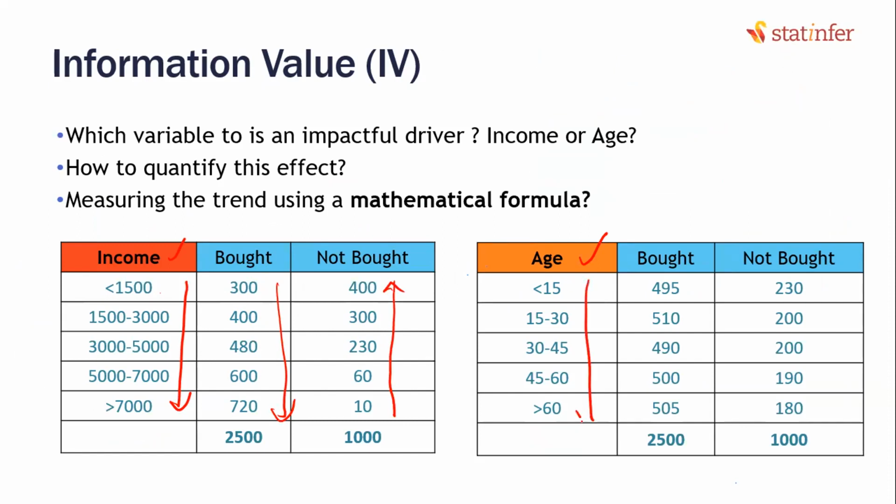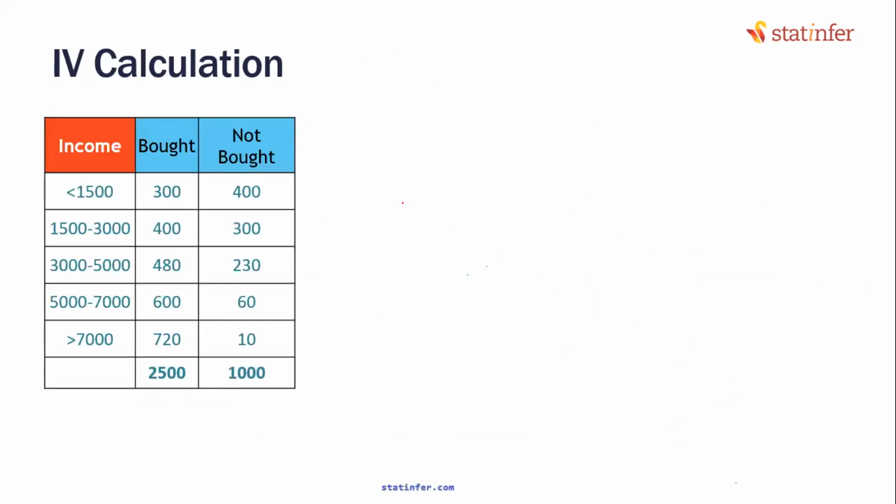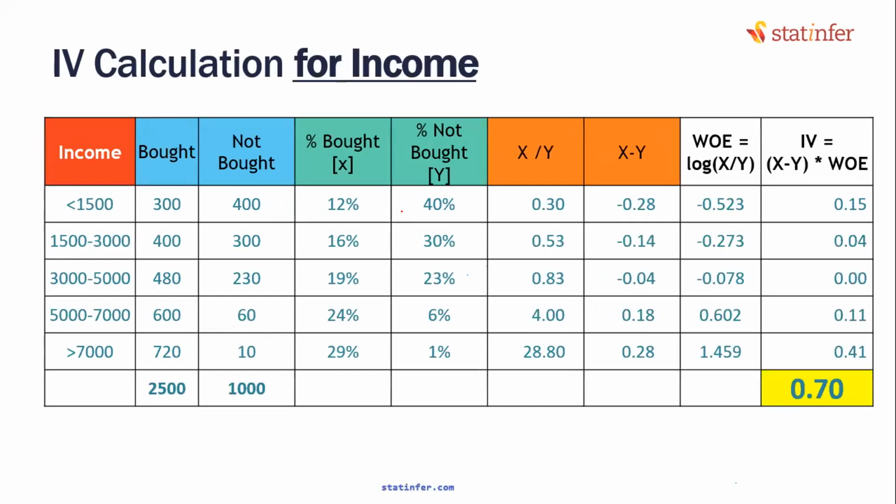Whereas as age is increasing, people who purchased and who did not purchase are almost the same. So you can quantify this using a formula called information value. Information value is very high for income variable because the percentage of people who have purchased is increasing, and the percentage of people who have not purchased is decreasing. That's why the difference is high. Information value will be high.